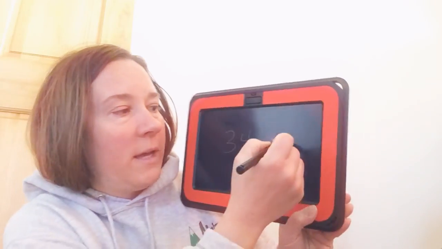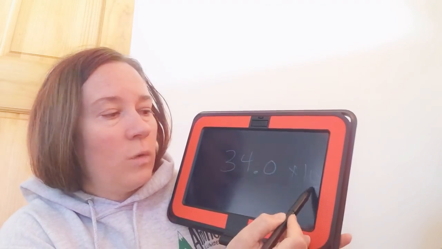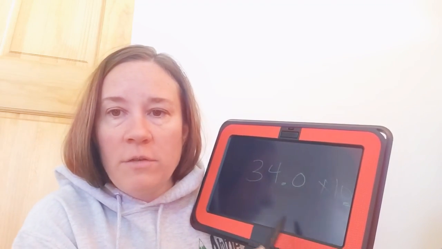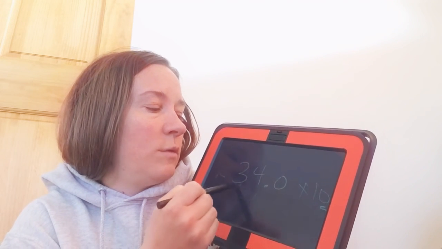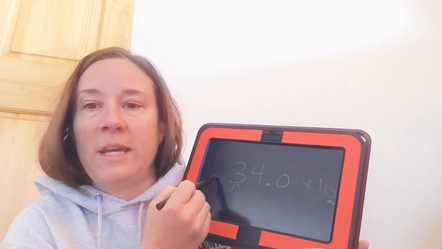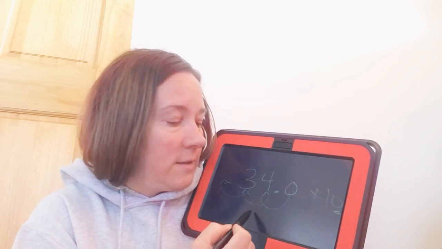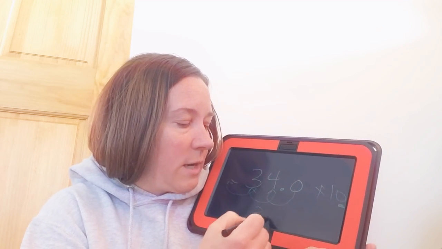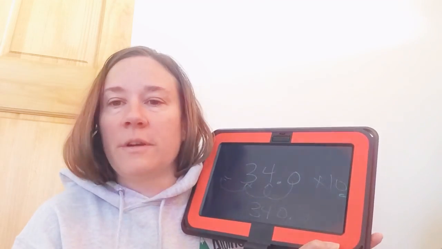If we multiplied this by 10, everything's going to shift to the left. So this would go into the tens place. This would go in the hundreds place. This would go into the tens place, and now the 0 would move into the ones. So our new number would become 340. Okay, I could put another 0 there. So that's how we do that first number, 34 times 10.